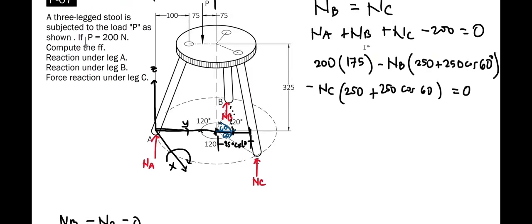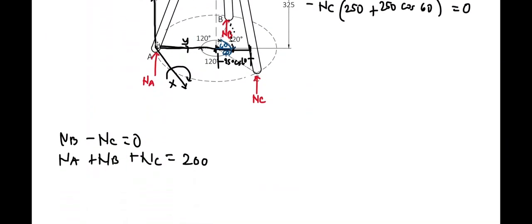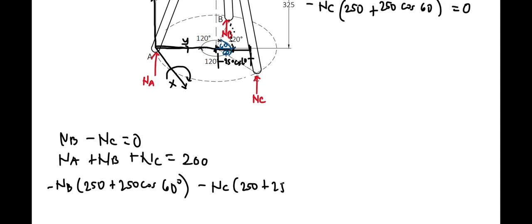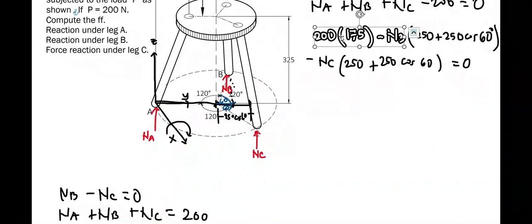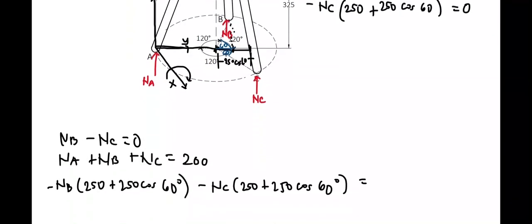And for the last equation, we have negative N sub B times 250 plus 250 cosine of 60 degrees minus N sub C times 250 plus 250 cosine of 60 degrees equal to the constant term of negative 200 times 175.